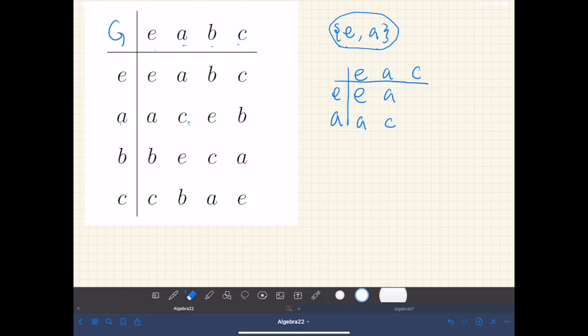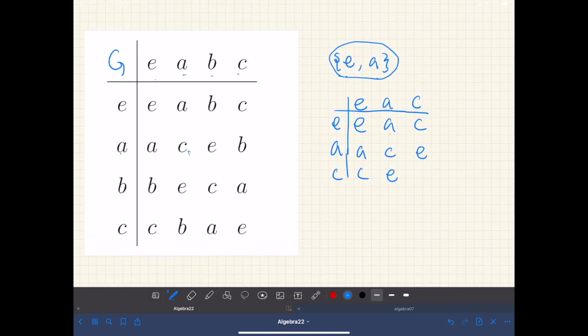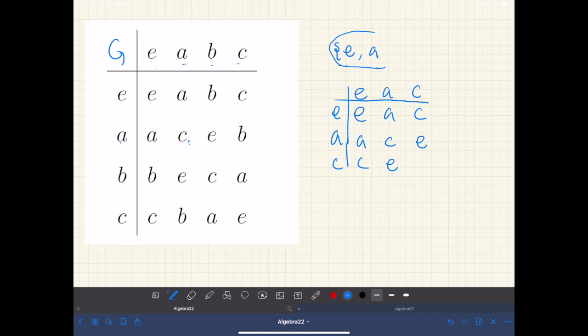Okay, so let's add C. So this is C, and AC must be E. If this subset E, A, C is a group, then this element must be C, and this must be A. However, A times C is B, so it's not A. Therefore, this subset must contain B. But now this subset contains all the elements of G, so this is the same group as G. So it's not a proper subgroup.